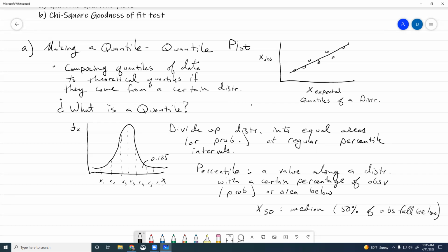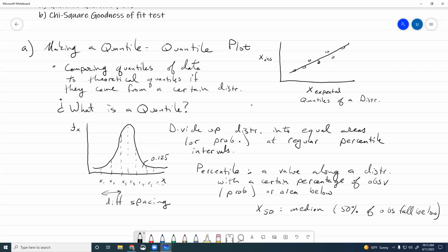So the key to understanding quantiles is that they're going to have different spacing. They're not evenly spaced, and the same goes for percentiles. If I did just every 10th percentile, that would be a quantile where between each value we have 10% of the area of the distribution, or 10% probability, 10% of observations.